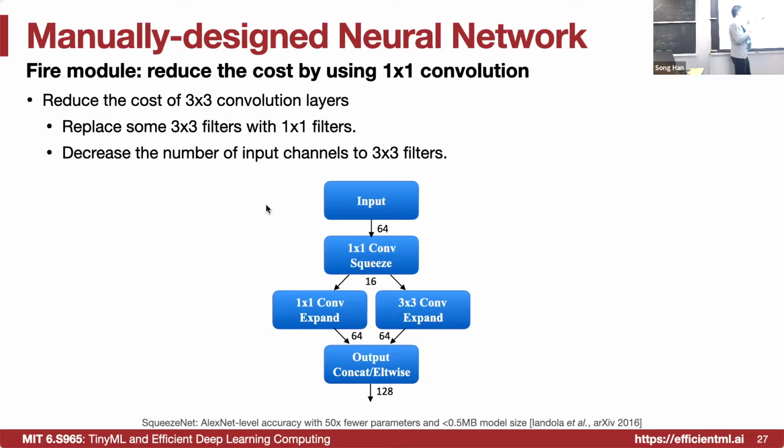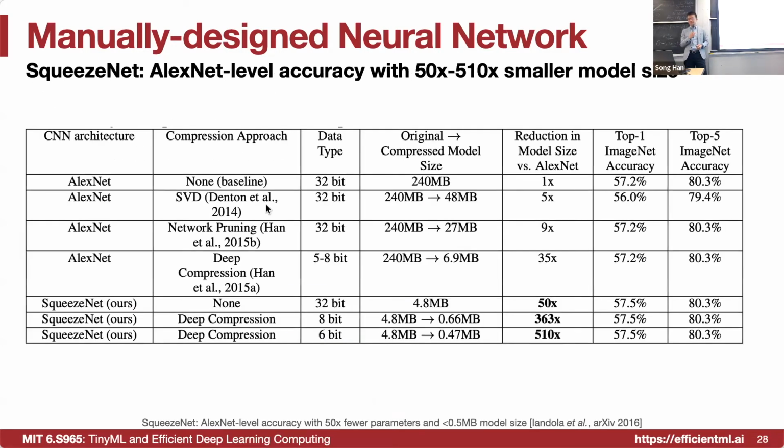So SqueezeNet basically passes the input tensor into a 1x1 convolution, okay, and shrinks the number of channels by 4 times. And we pass it through a 1x1 convolution and a 3x3 convolution, and then lift the number of channels. Okay, and finally concatenate these two branches.